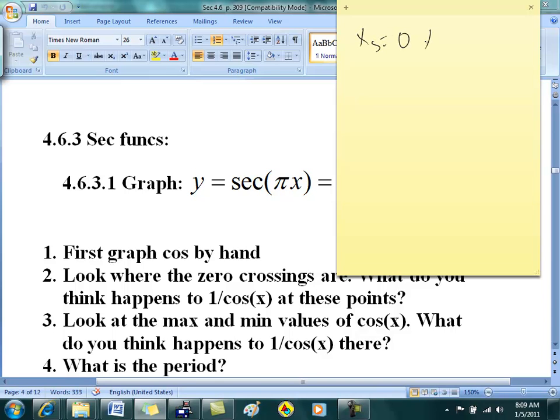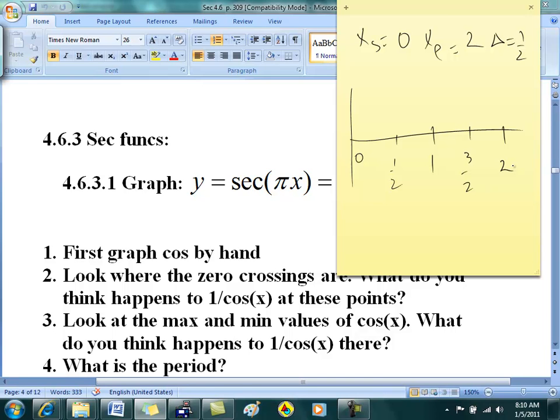What's x end? Can't be pi. It's got to be 2. Is everybody there? What's increment? Half. And so what I have is something that starts out at 0, 1/2, a 1, a 3/2, and a 2. And it's a straight cosine, right?